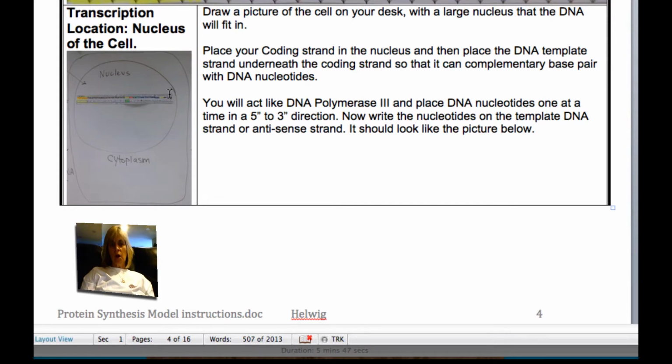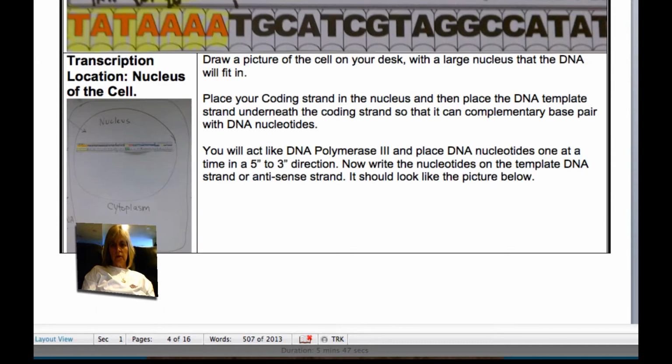You should also have something called a template strand. This DNA that is in nice colors here is called the coding strand, or the sense strand if you have an older biology book. We're going to call it the coding strand. We need to copy the template strand by using the coding strand.